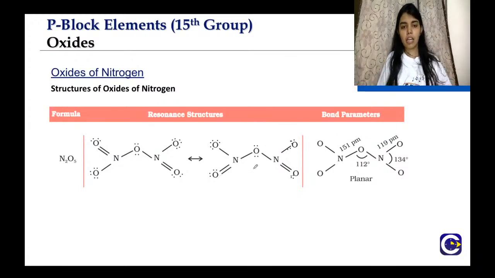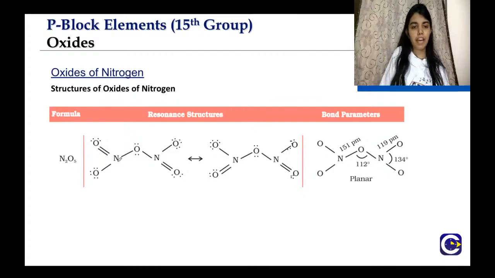See here, nitrogen, if you consider, has 5 electrons of its own, right? 6, 7 it is taking from oxygen. So 2 from here, 1 from here, let us say, right? So 8 electrons.